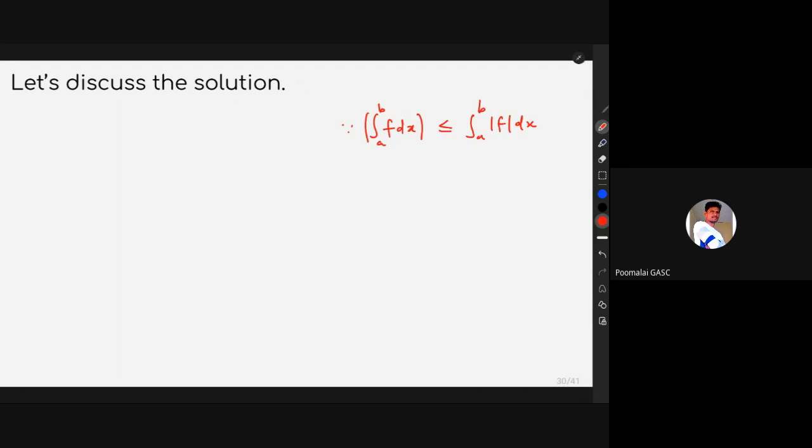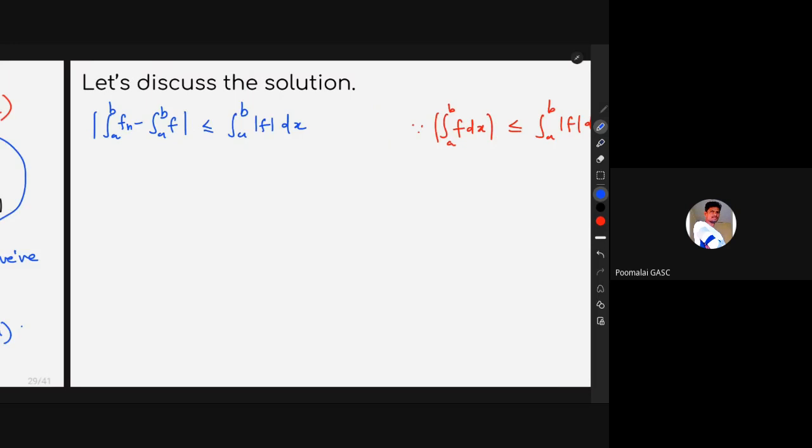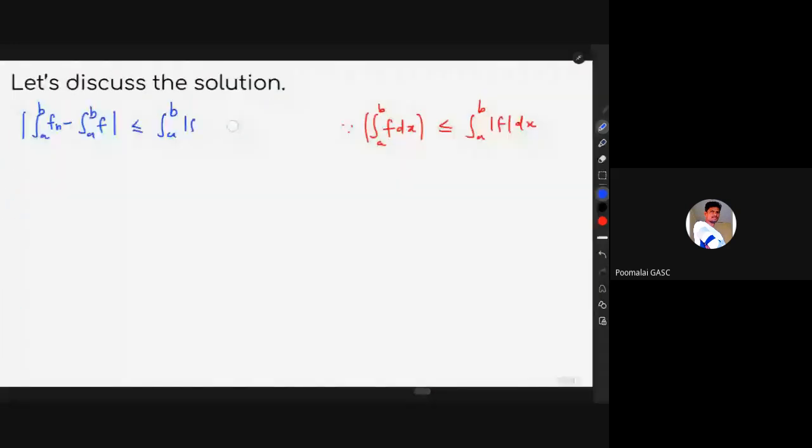Using this fact, we have that this is smaller than or equal to the integral of |f_n - f| dx.